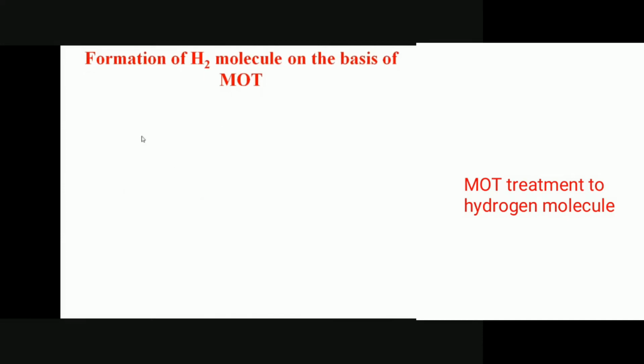Now, let's see the first one, the hydrogen consideration. We have to find how the electronic configuration of hydrogen looks. So this is a 1s system. Hydrogen is 1s1.